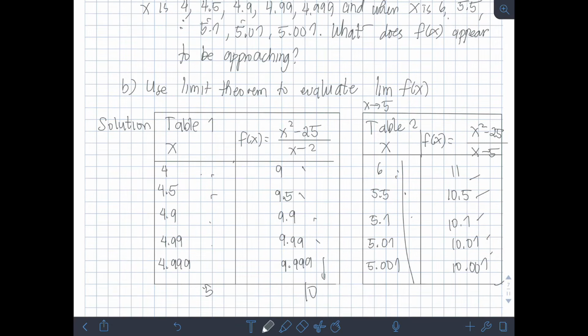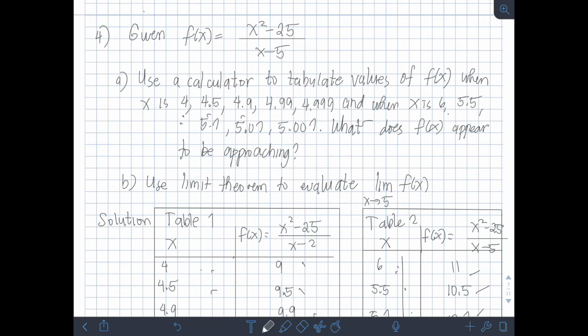So obviously, habang ina-approach nung x natin yung 5 to the right, ay ang ina-approach naman ng f of x natin ay 10 din. Okay? So therefore, pareho yung ina-approach ng value ng f of x natin as x approaches 5 from left at from right. So therefore, yung limit netong f of x natin ay nag-exist as x approaches 5, which is ito ngang 10.